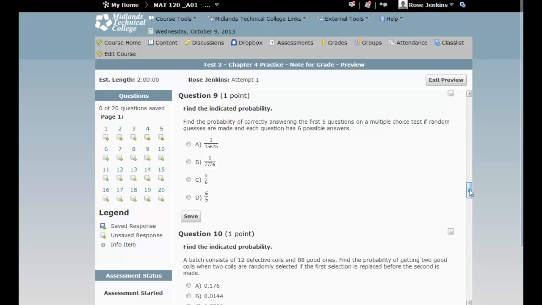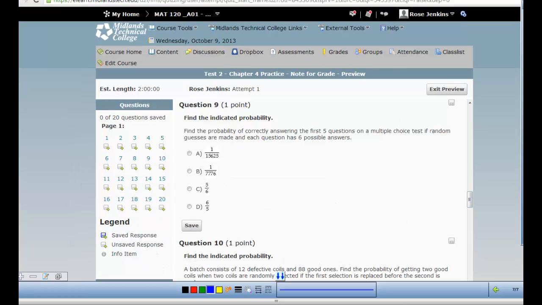I would focus first on what the problem is asking me to find. Probability of what? Probability of correctly answering the first 5, so answering 5 correctly.